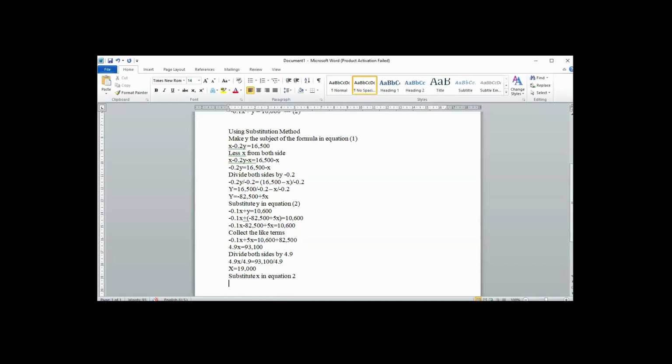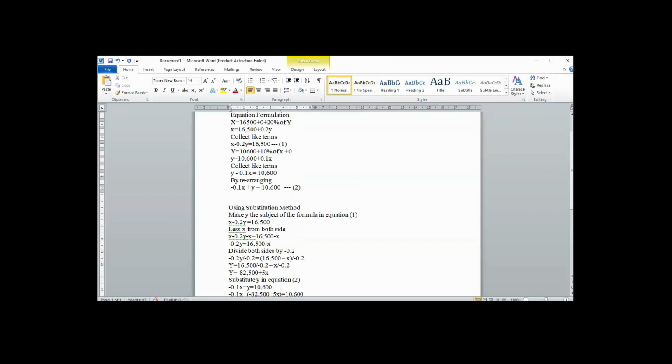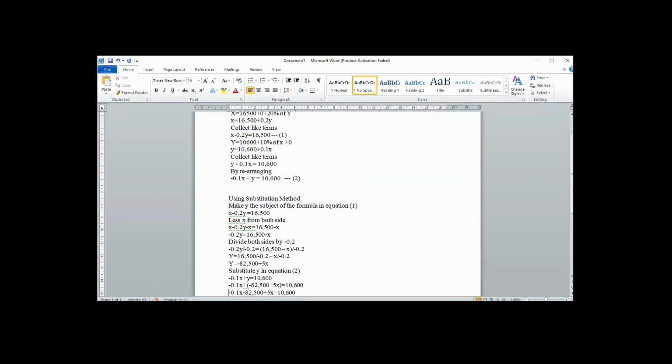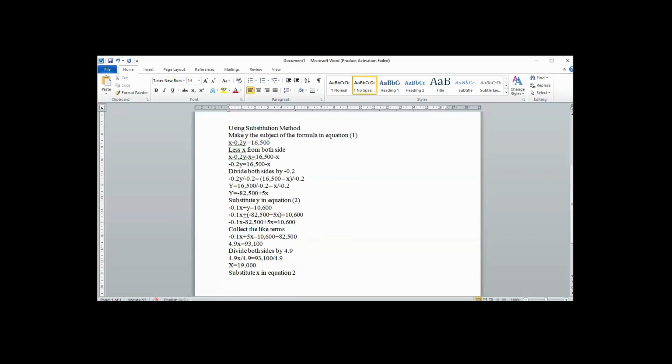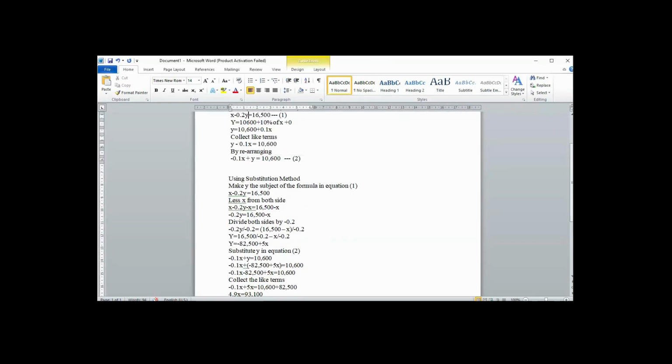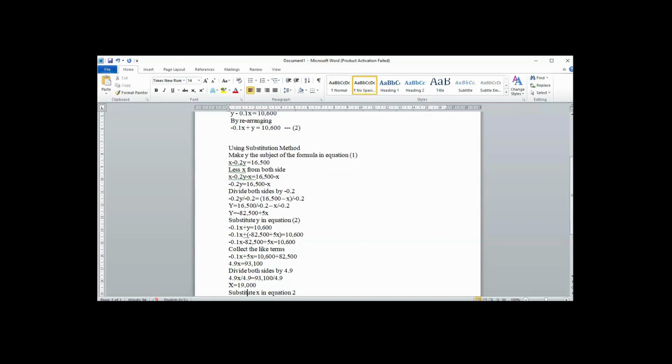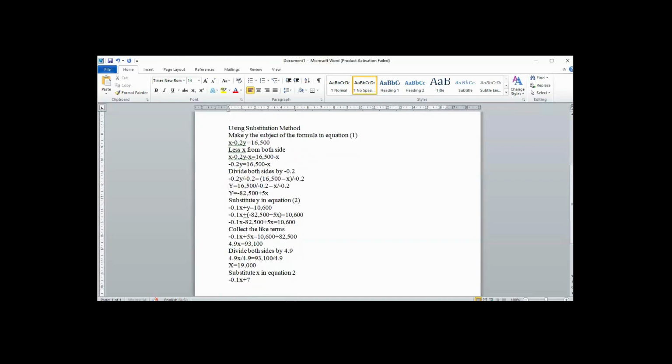What is our equation 2? Equation 2 says from the onset, minus 0.1x plus y is equal to 10,600.